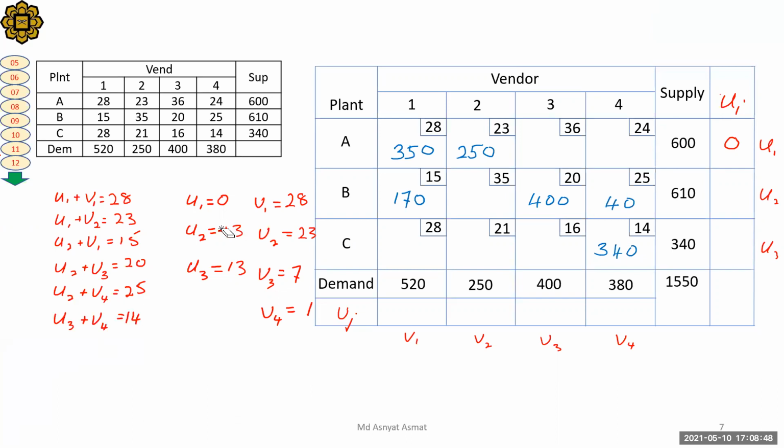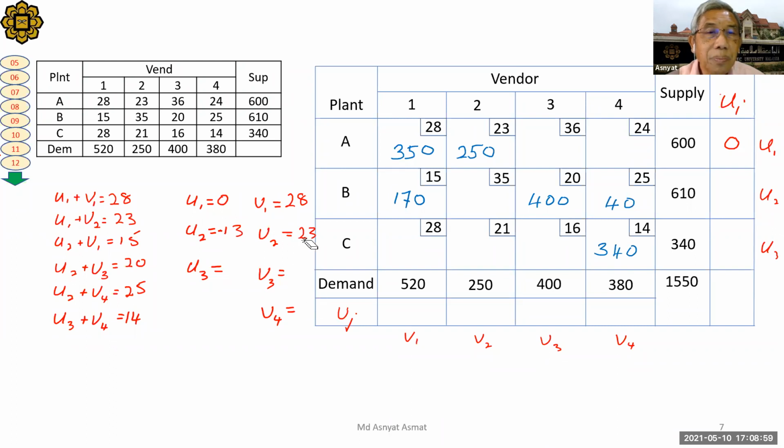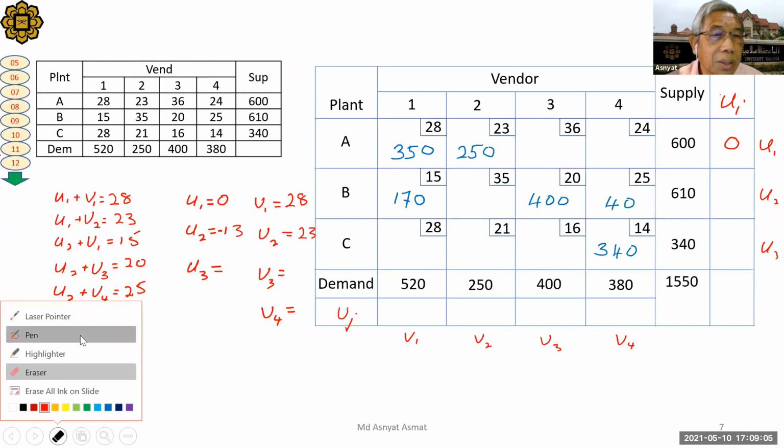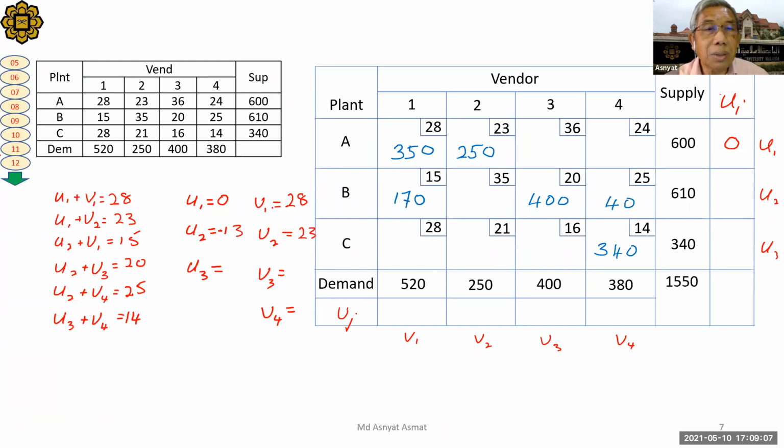Doctor, isn't V4 supposed to be 2? Which one? I think everything is wrong because of this one. Let's redo this one. Which one did you mention, sister? Okay, let's do again. Now we know U1 is 0, right? So V1 is 28, V2 is 23.